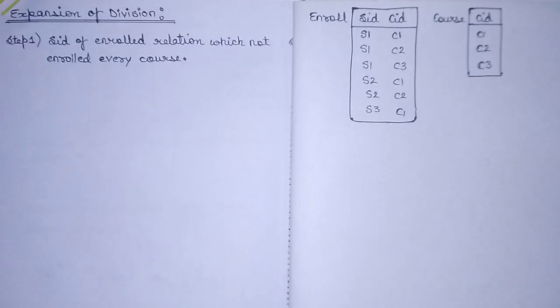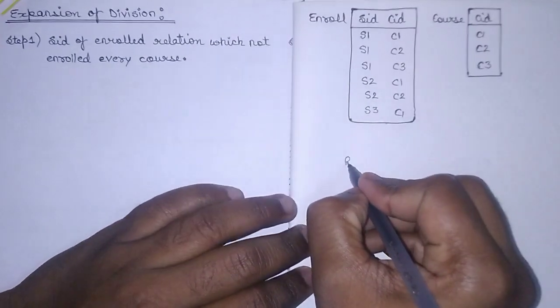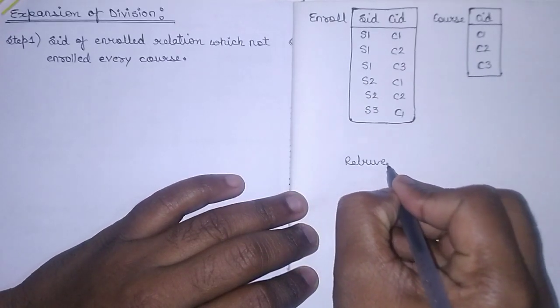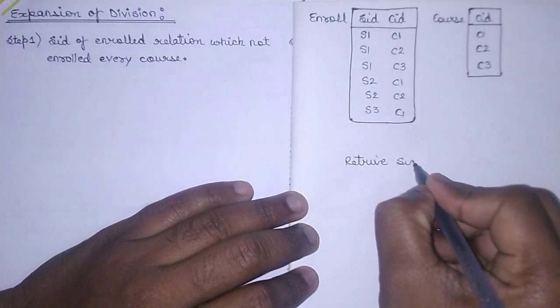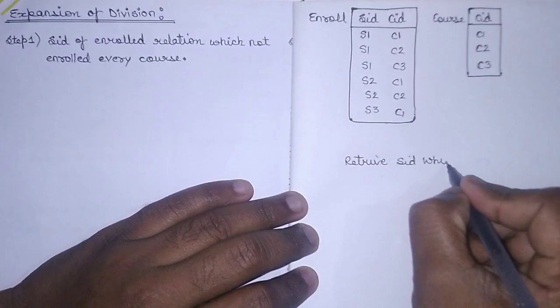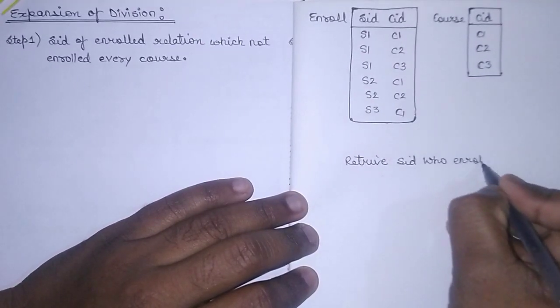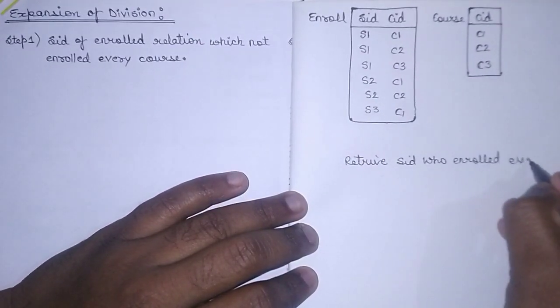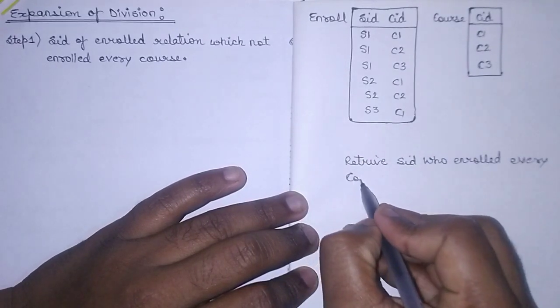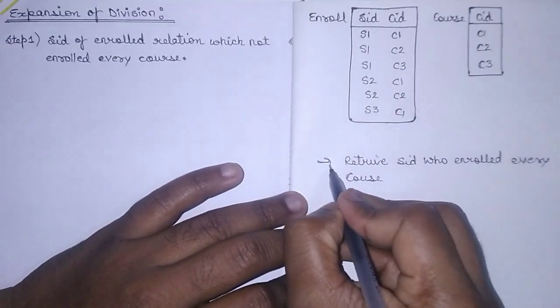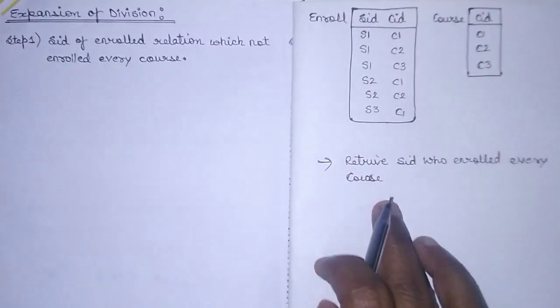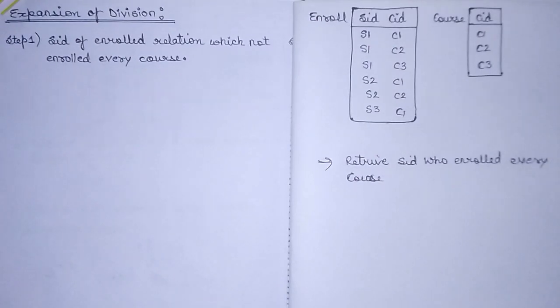So what actually is the motive? We have to retrieve the SID who enrolled in every course. This is the same example that we did right now. So now we have to expand it using the basic operator.